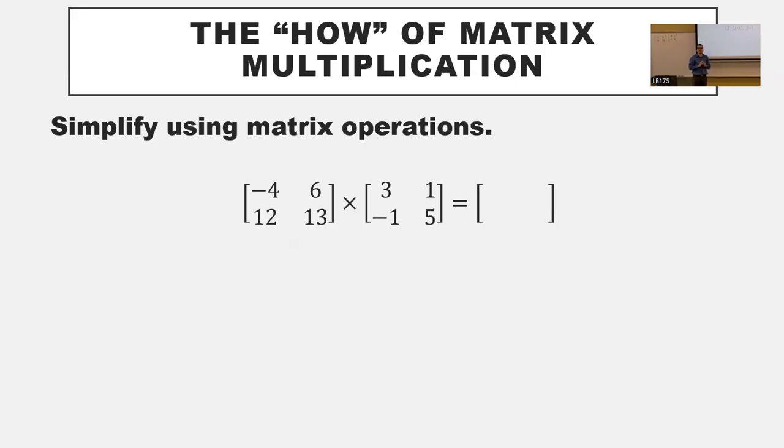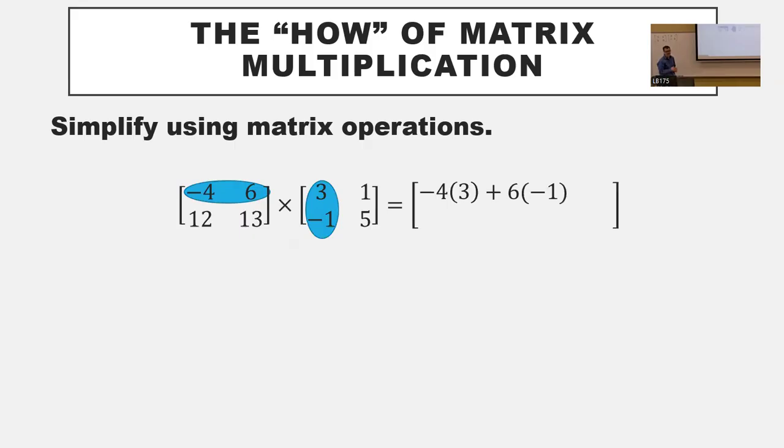So the first thing I do is I focus on row 1 of that lead matrix, or the first matrix, and column 1 of the second matrix. Those two, I'm going to multiply.